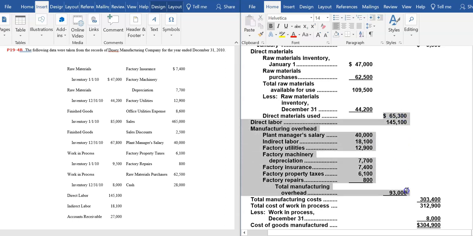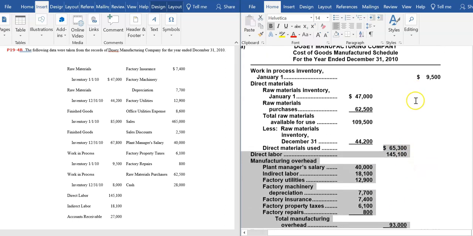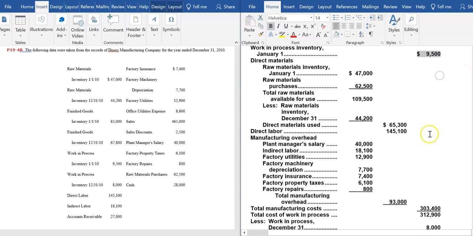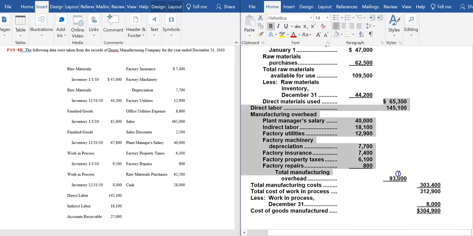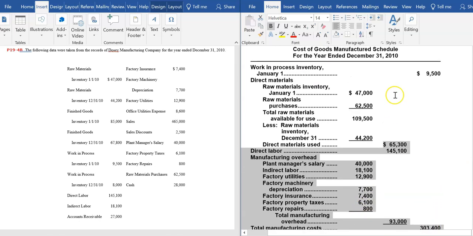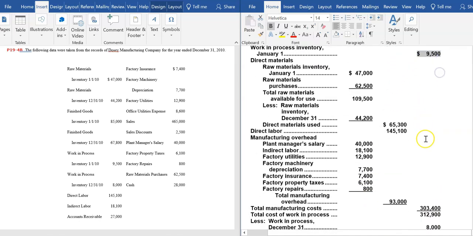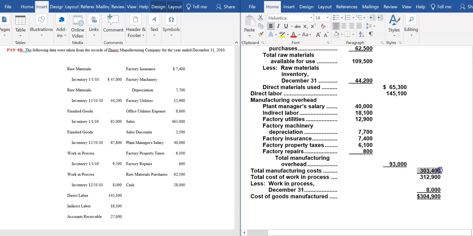The 3 manufacturing costs added to the beginning balance in work in process totaled $303,400. Beginning work in process plus the costs added to it gives me the total cost of work in process.